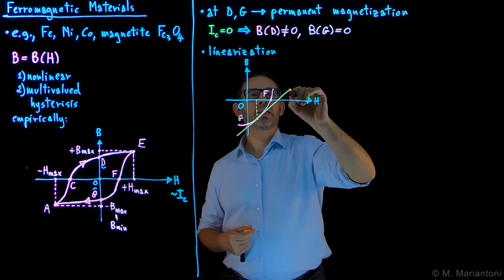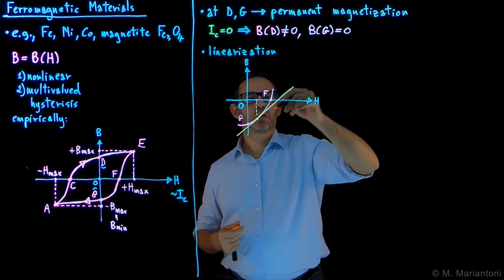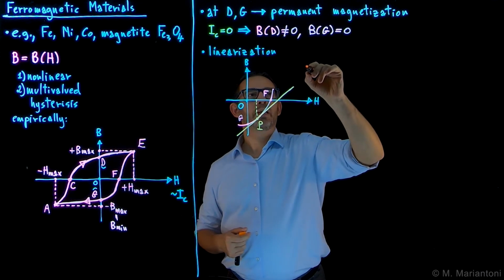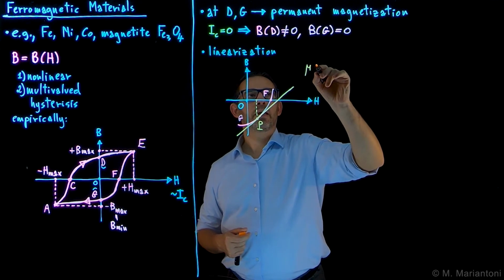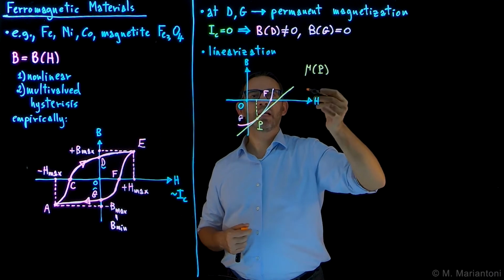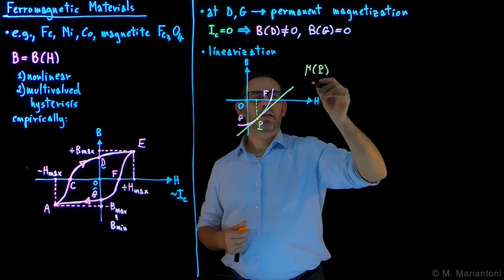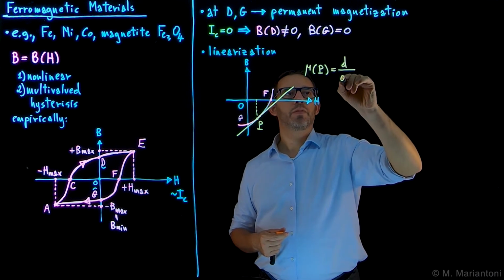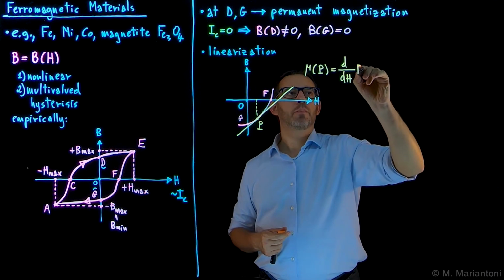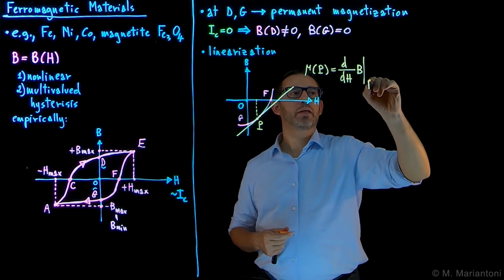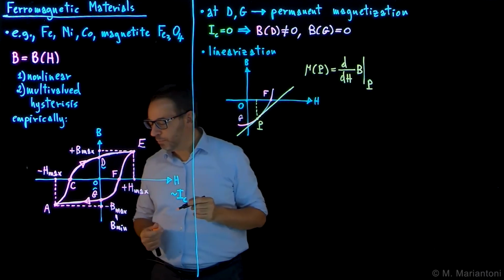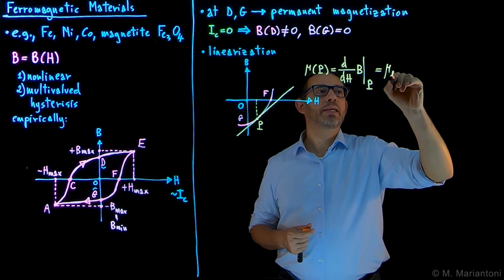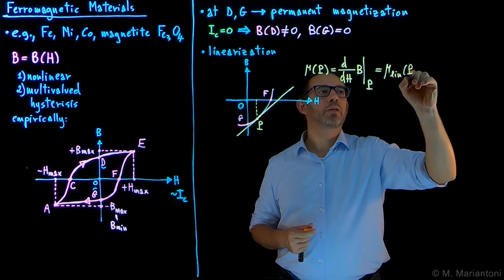And so this coefficient, the first derivative associated with this curve at this point, capital P, eventually we call it mu in the vicinity of capital P, so the permeability, linearized permeability of this material in proximity of point capital P, which is given by the derivative with respect to H of B computed around this point, at this point capital P. And this is what we call mu linear around point capital P.